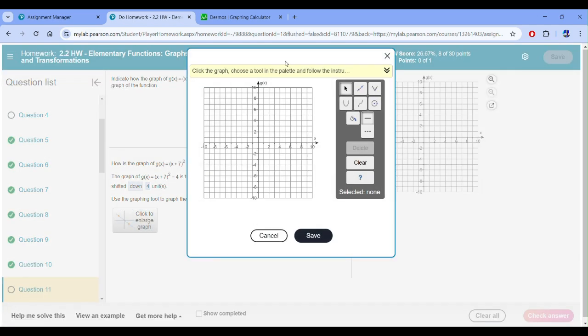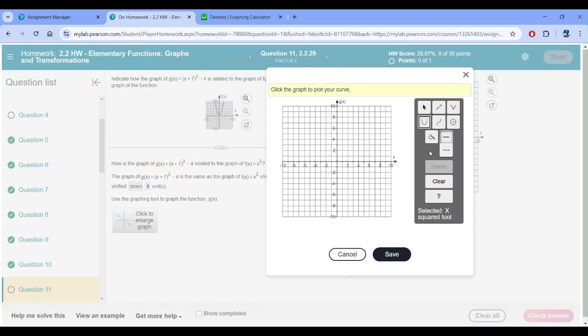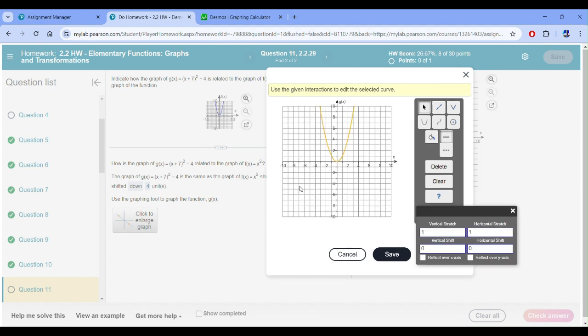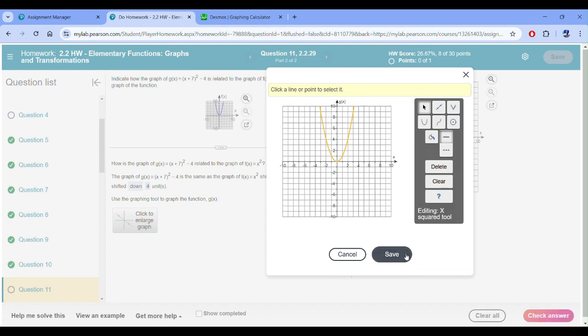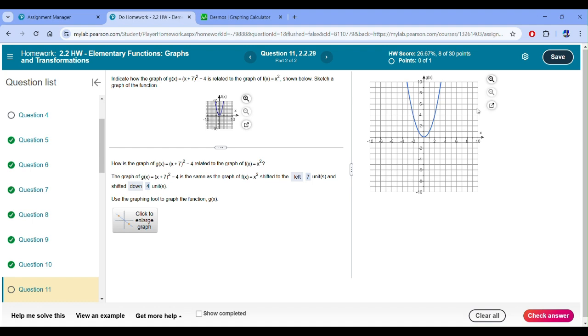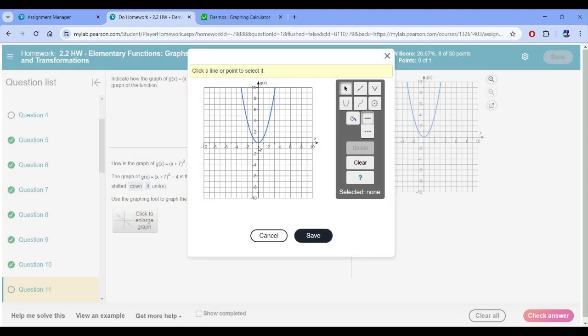Now I'm going to have to graph this. So let's graph this. So I said that this was a parabola that started at 0, 0, moved 7 units to the left, and then it was down 4. 1, 2, 3, 4. So I'm looking at this right here to make sure that my point is locked up at negative 7, negative 4. Plot that. I think this is all save. Nope, something here didn't happen.